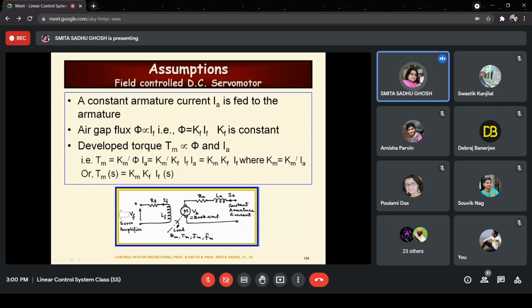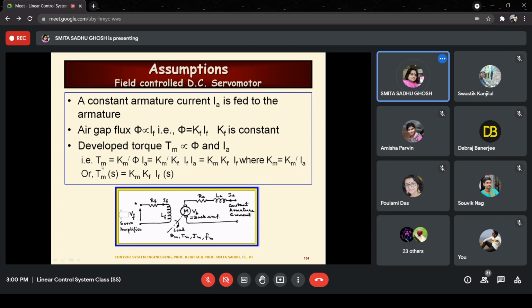Next, we come to the torque developed by the motor, that is Tm. Now, Tm is directly proportional to the flux as well as the armature current. So Tm is proportional to phi and Ia, and we can write Tm is equal to some constant into phi into Ia, right? We denote that constant by Km prime over here.